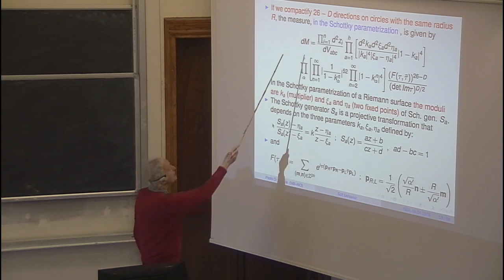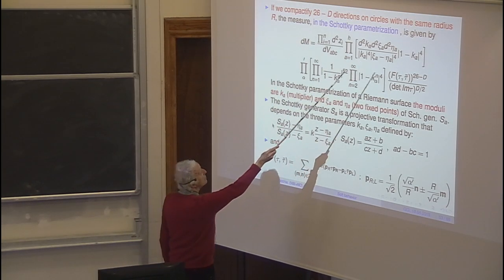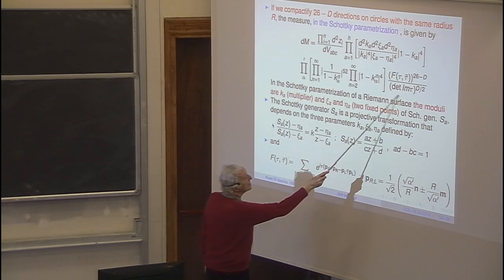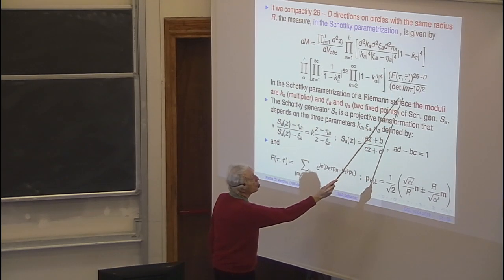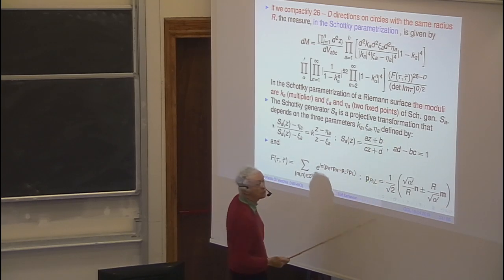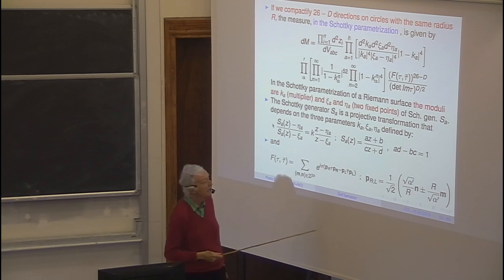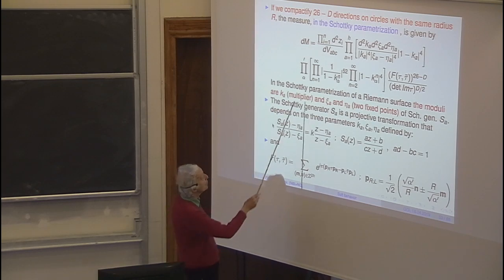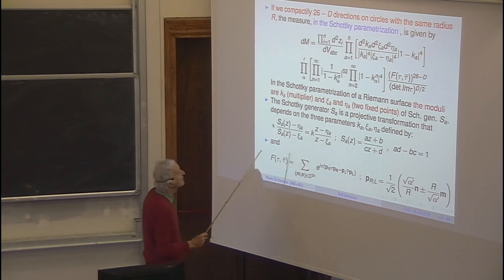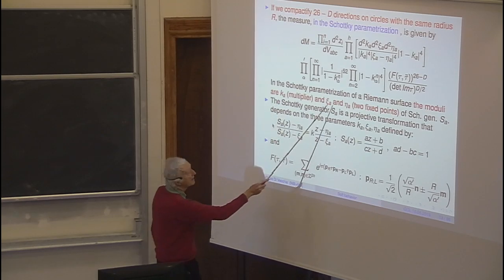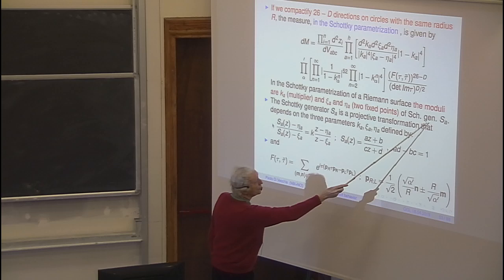In fact, if you compactify 26 minus d directions on a circle, then that comes from the integration of momentum in the non-compact directions, and this piece comes from the sum over the momentum in the compact directions. And in the Schottky parametrization of the Riemann surface, the moduli are the multiplier and the fixed points of the Schottky generator.